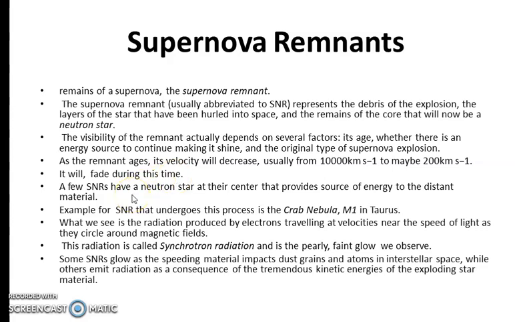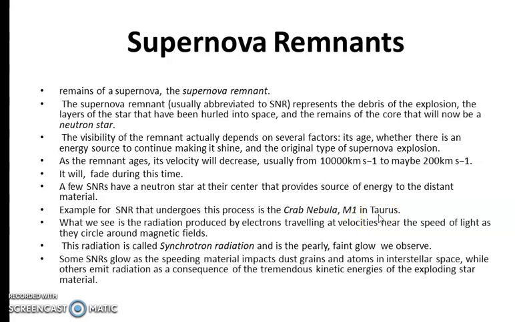A few supernova remnants have a neutron star at their center that provides the source of energy to distant materials. An example of a supernova remnant with a neutron star is the Crab Nebula, which is also called M1, in the Taurus constellation.